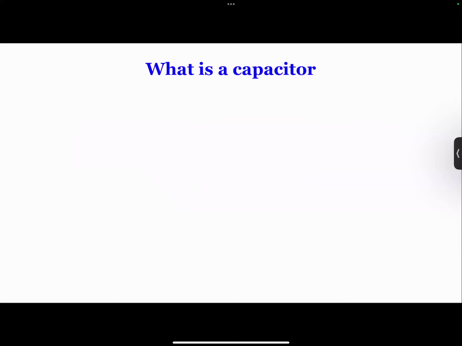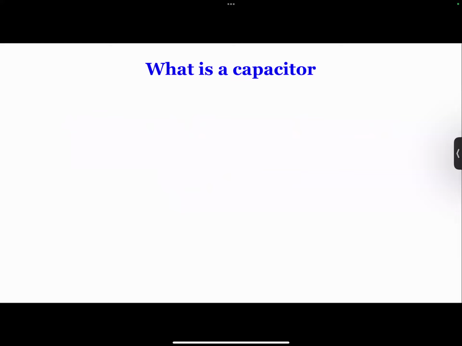Does everybody still remember what a capacitor is? How is a capacitor made? And under what condition would you see something as a capacitor instead of a resistor? How do you make a capacitor?